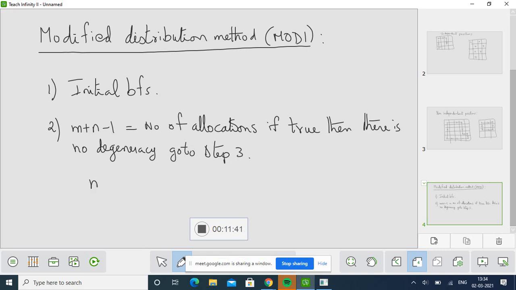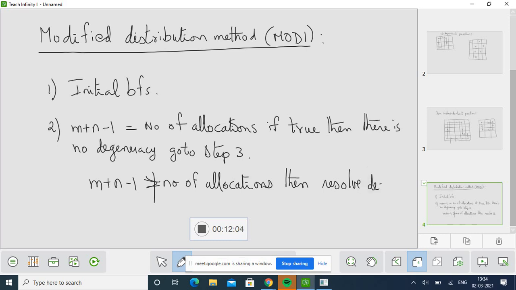Now, if m plus n minus 1 is not equal to the number of allocations, then I have to resolve the degeneracy.